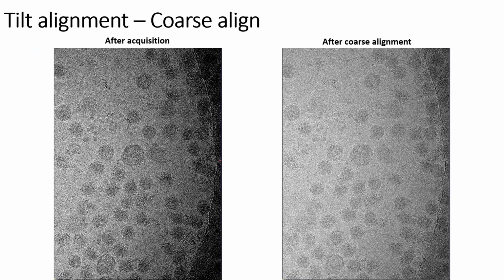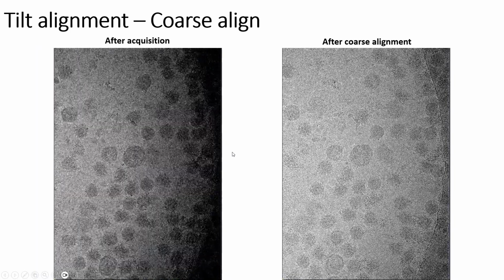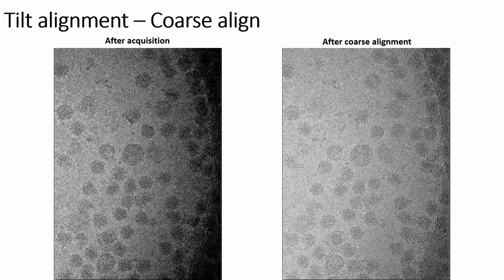Here I will show you how our tilt series look when you acquire it by microscope. You can see that even if we are using this tracking mechanism and defocus correction mechanism, our tomogram out of the microscope is still a little bit shaky, and therefore we need to do at least a coarse alignment.